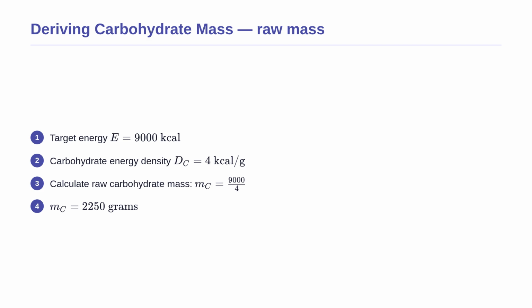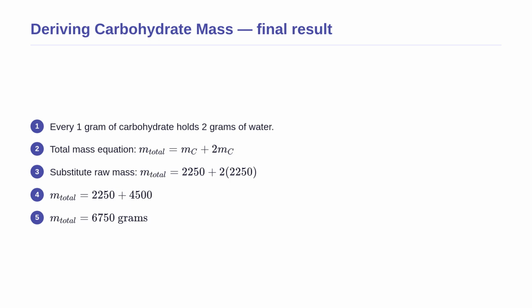This brings us to the final step of our proof, where we must account for the hidden water weight. Remember, carbohydrates are stored hydrated. Every 1 gram of carbohydrate holds 2 grams of water. Therefore, the total mass equals the raw carbohydrate mass plus twice that amount in water weight.